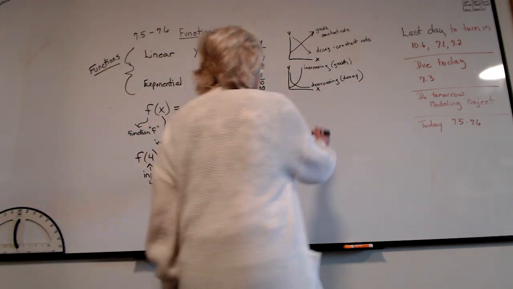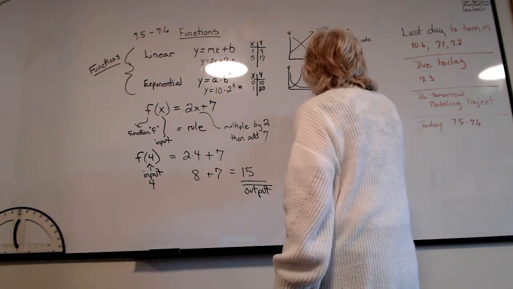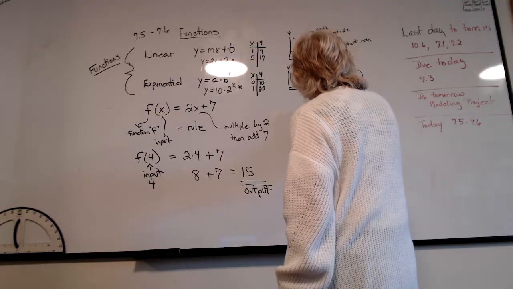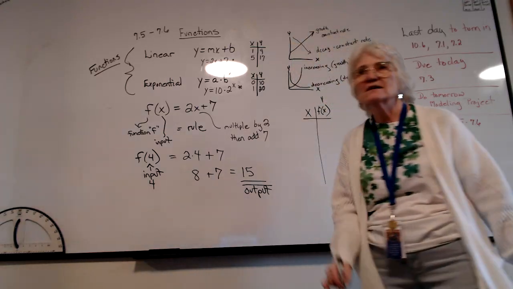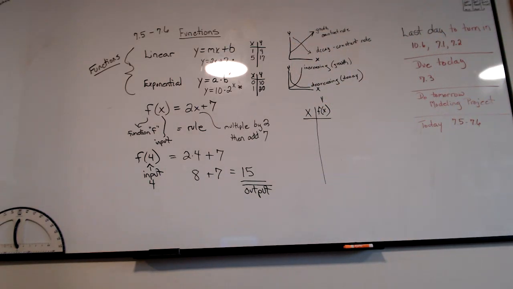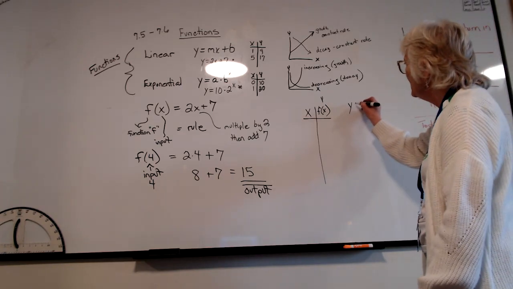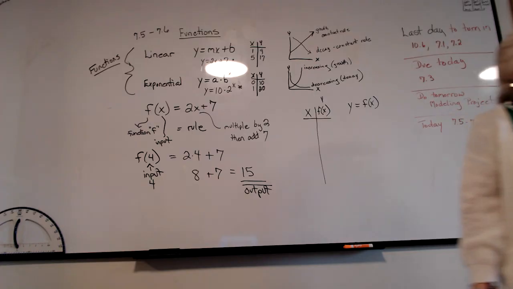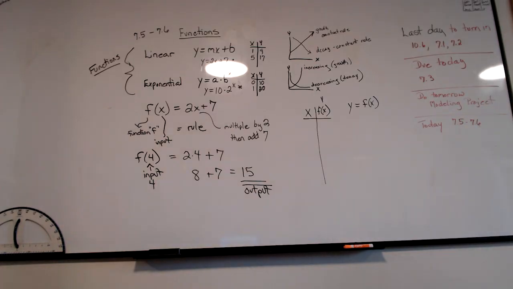What we really get now, instead of x and y, we get f of x. Do you notice that y and f of x are really the same thing? Y is the same as f of x. Okay, they're the same thing. So if you don't like this notation, that's fine.